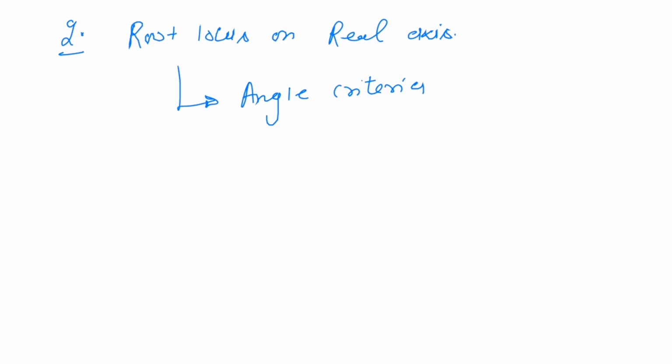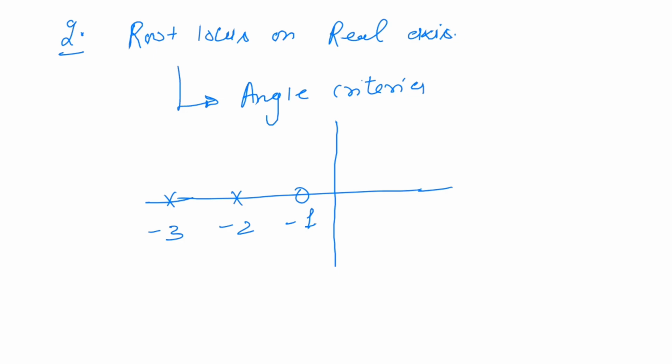So now here we have taken the previous example where we have one zero at -1 and two poles at -2 and -3 respectively, and we want to see which segment is part of the root locus, whether this segment, or this segment, or this segment, and this one which is going towards minus infinity, will be part of the root locus.